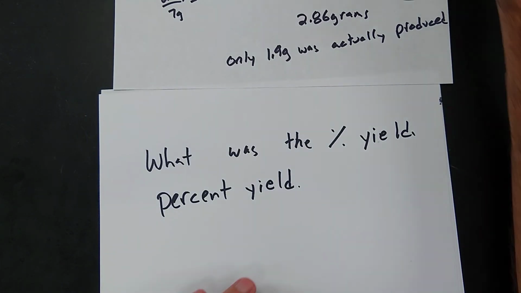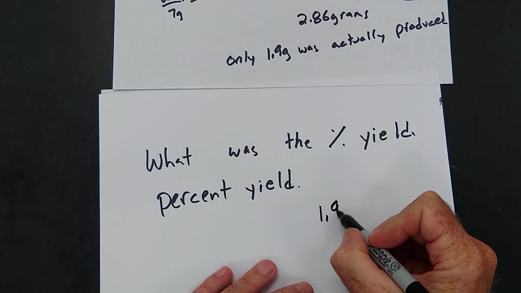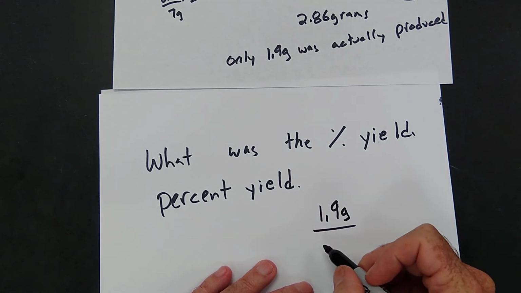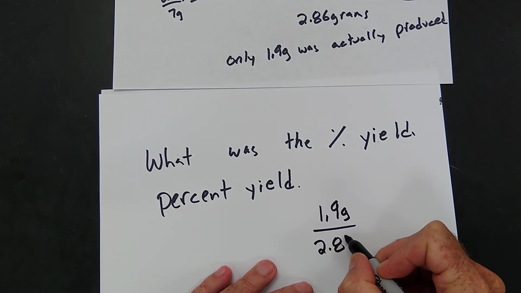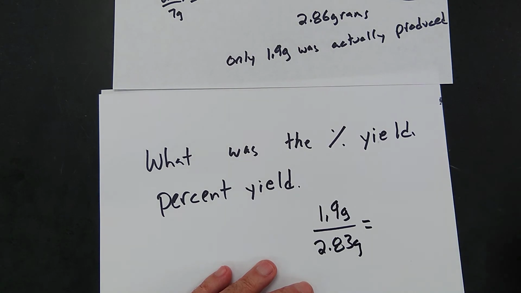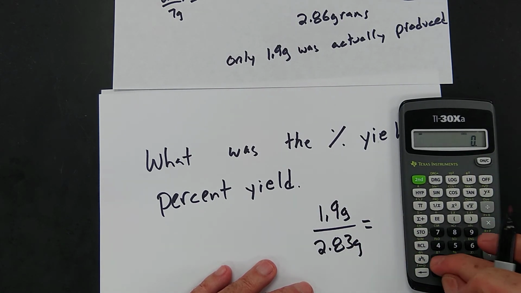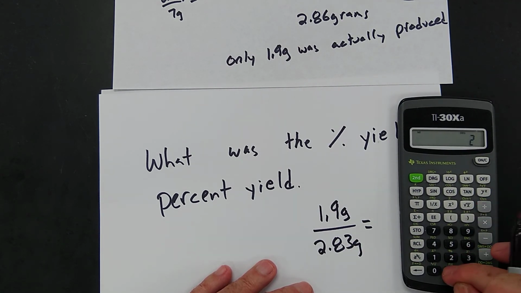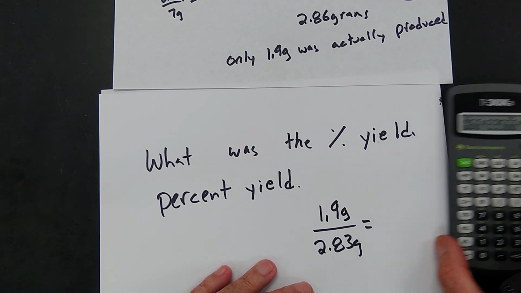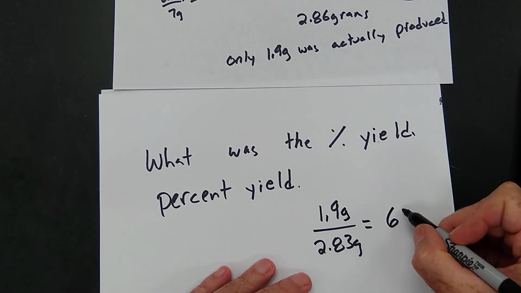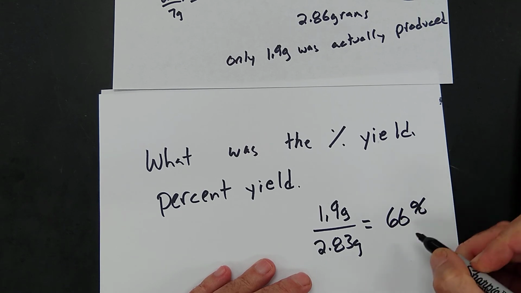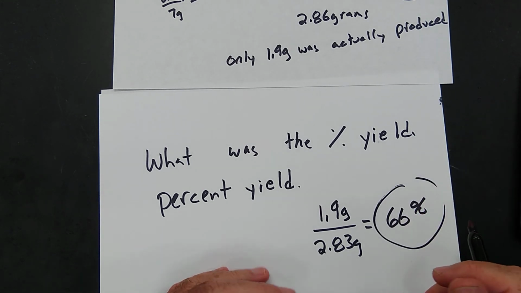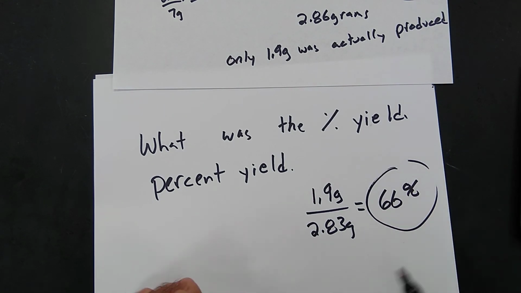Now, if only 1.9 grams was produced, then only 1.9 out of the predicted amount happened. So we'd say 1.9 divided by 2.86, we actually only had a 66% yield. We only made 66% of what we expected. And we're going to talk about that tomorrow. It's called percent yield.